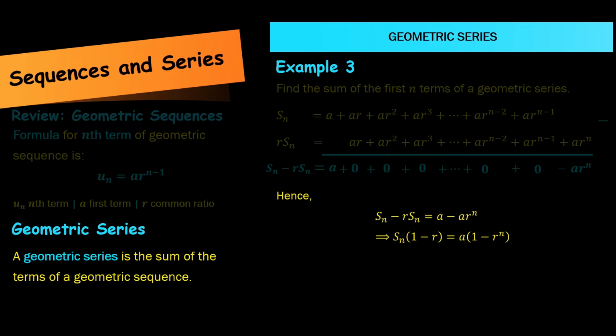We can now rearrange or factorize as shown, and then divide by 1 minus r, as shown here, and of course r does not equal 1, otherwise this would not be valid.